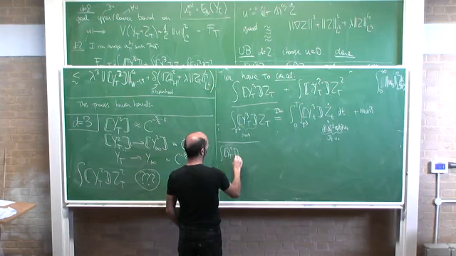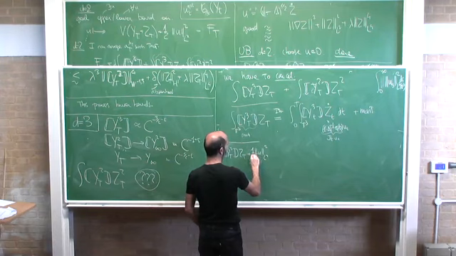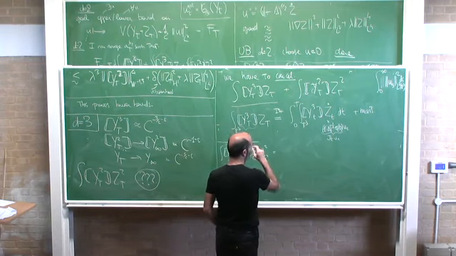And then I can take these two terms, u_t and then u, and put them together.